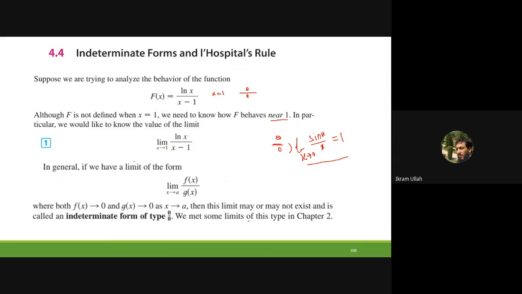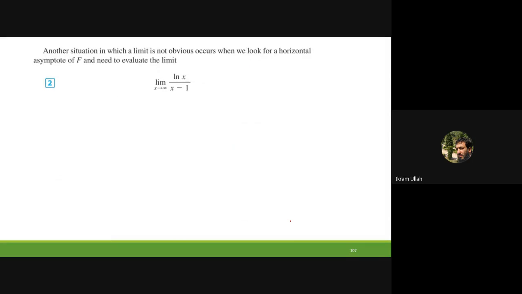We evaluated some limits of this type in chapter 2. Another situation in which a limit is not obvious occurs when we look for a horizontal asymptote of f and need to evaluate the limit. To calculate the horizontal asymptote, we apply the limit as x approaches infinity and minus infinity.